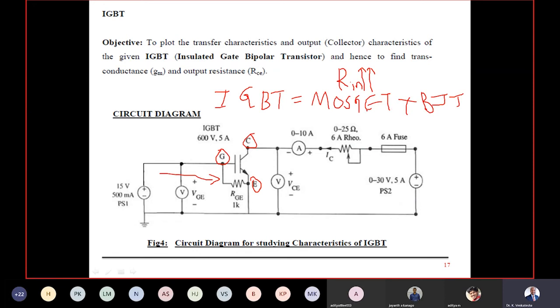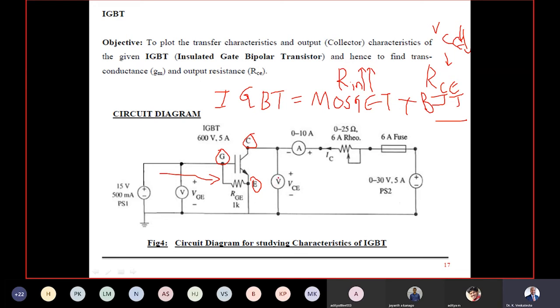Then there is one advantage we take for the IGBT from the BJT. The on-state voltage drop, the RCE of the BJT, will be very, very low. Resistance will be very low. Even the voltage drop, VCE saturation, will be very low. That is why we have chosen the transistor at the output side. So IGBT is a combination of MOSFET and BJT.